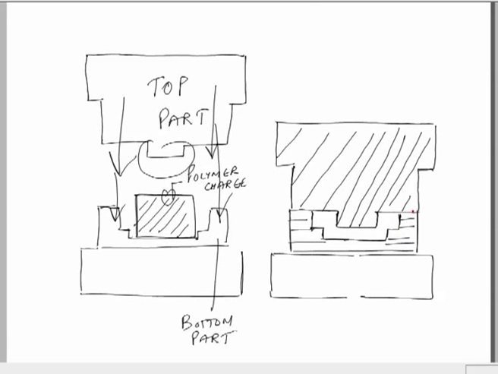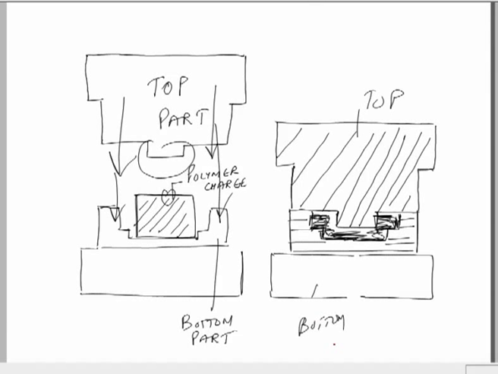So the top part and the bottom part of the mold have joined together, and the charge now has taken the gap, or has flown into the gap, or has entered into the gap which has been generated between the top and the bottom half of the mold.